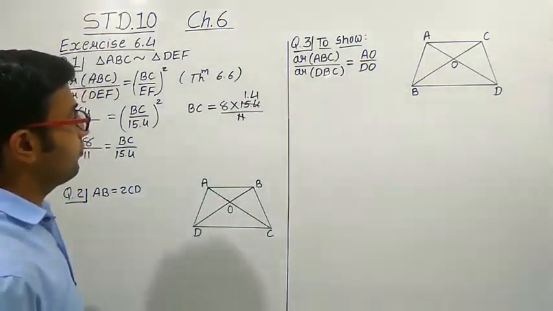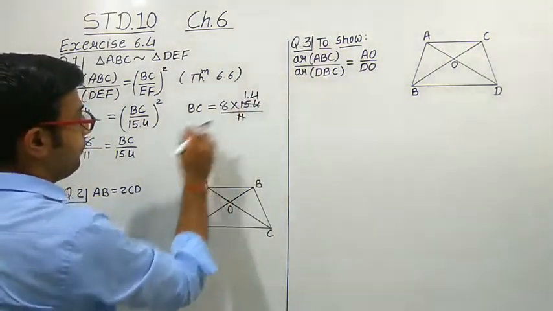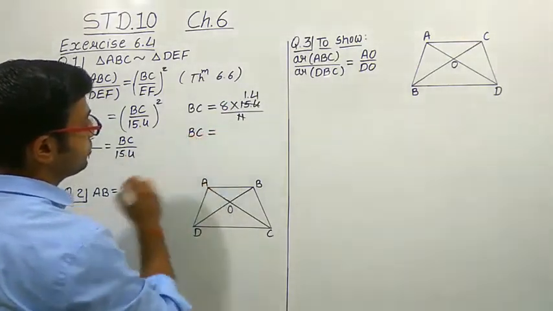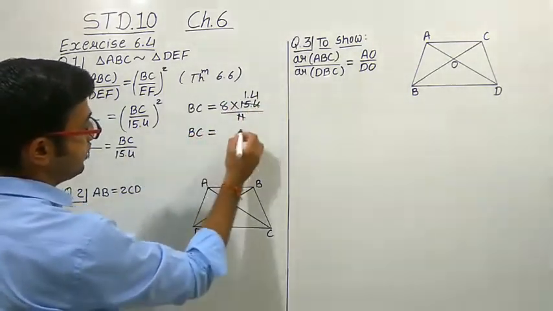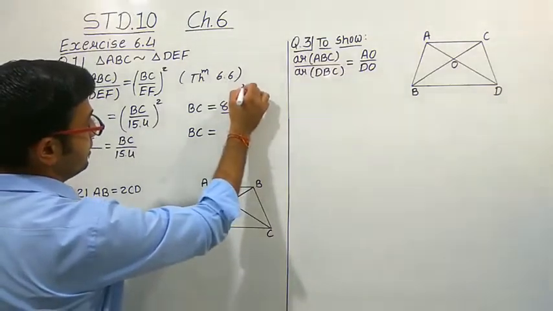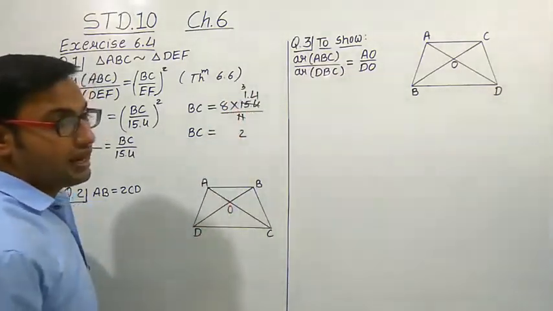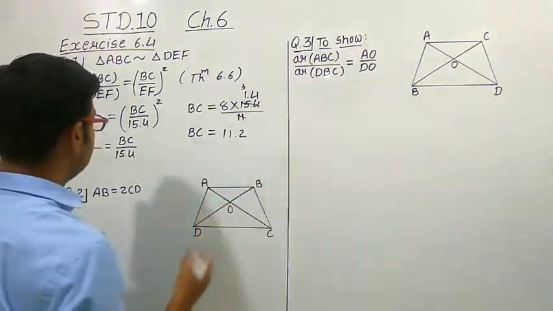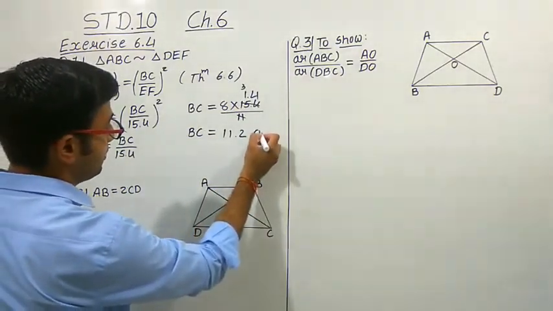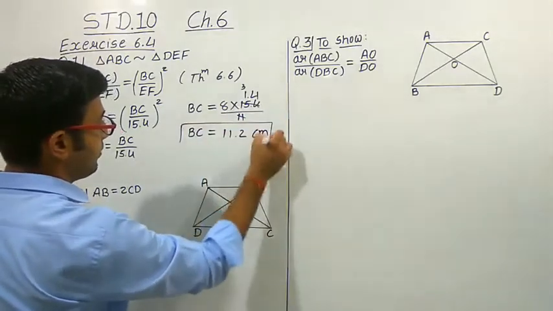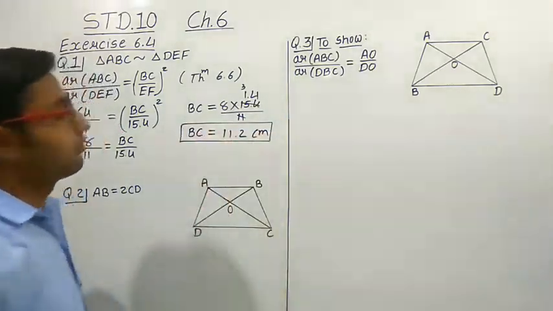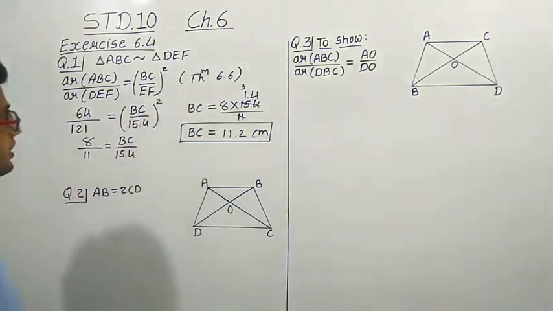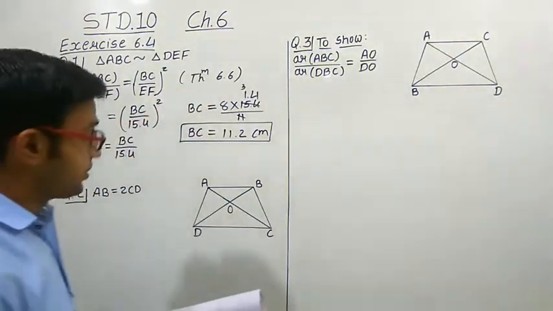So here we get 1.4, and 1.4 eights, that is 14 eights. So we can write BC is equal to 8 fours are 32, 3 is the carry, 8 ones are 8, 9, 10 and 11. That is 11.2, and the unit is centimeter. So this is the required side BC. So simply we have to use theorem number 6.6 to find our result.